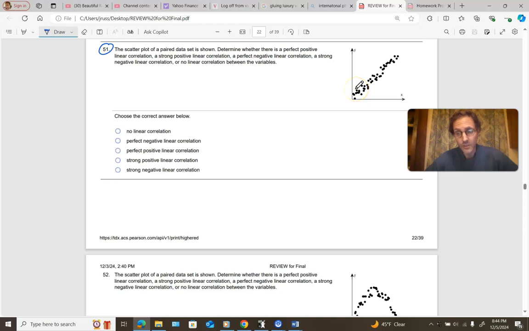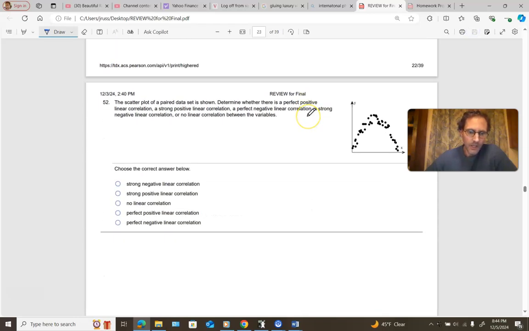However, it is very strong. It is a strong positive linear correlation. Okay. In other words, the slope is positive. This just means that as values of this independent variable x tend to increase, so too do the values of this second variable y.